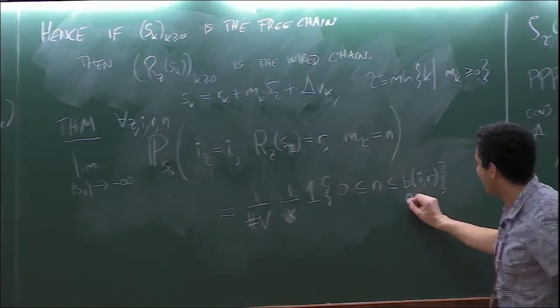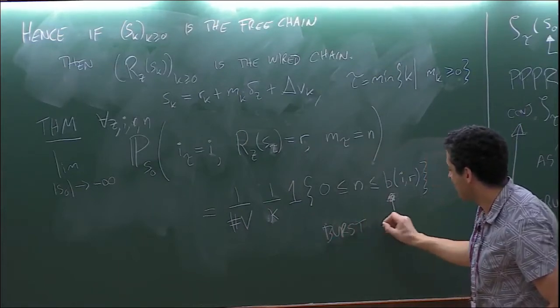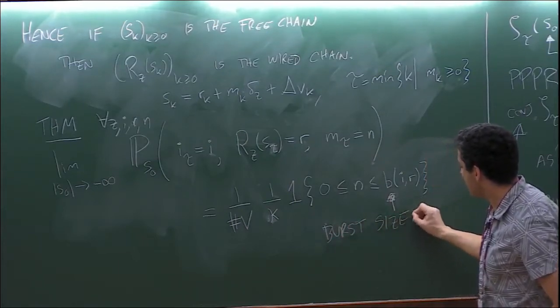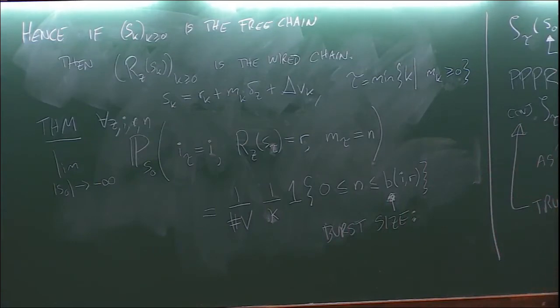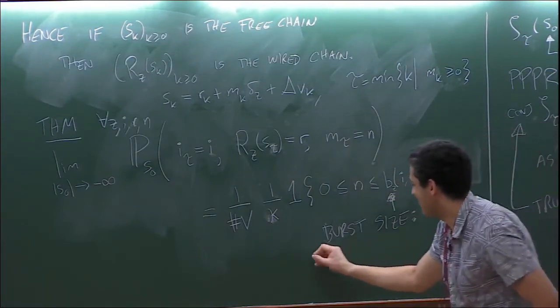So, okay, this is the burst size, which is the number of chips that fall into the sink when you add a chip at I to some recurrent state and stabilize it to get R. So let me write that down.